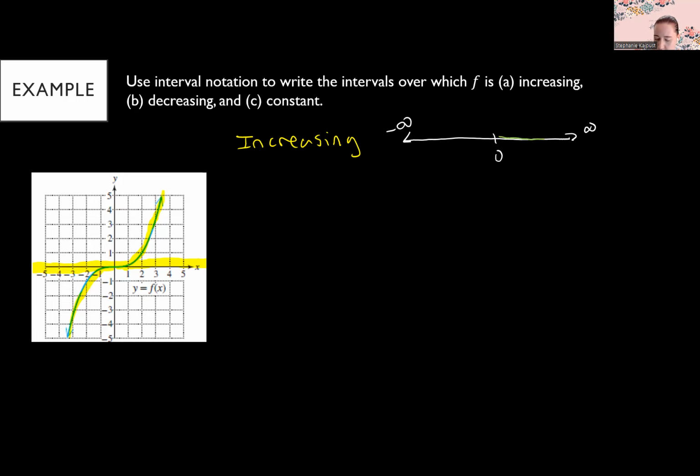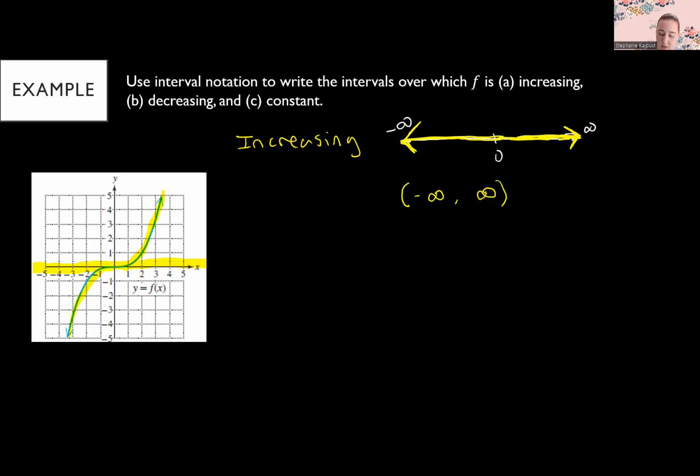So we go all the way to infinity on the right. We're going all the way to negative infinity on the left. And so when the whole number line is covered, your interval notation is from negative infinity to positive infinity. So it's increasing everywhere.